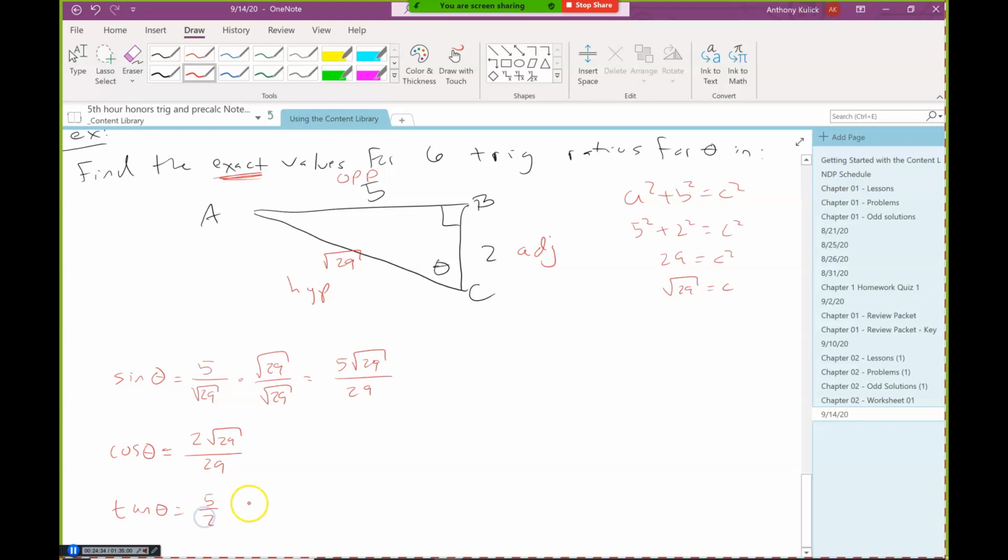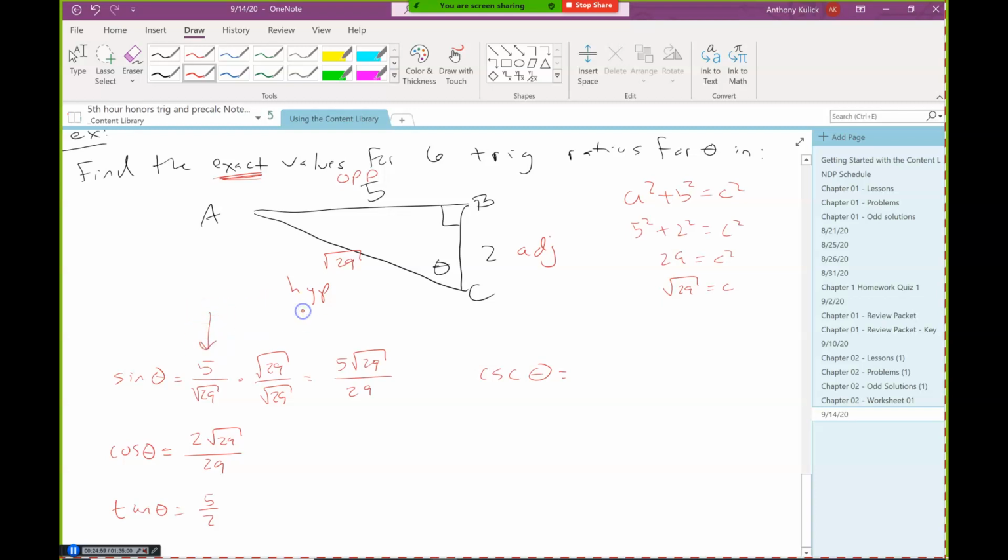Good. Now for cosecant, secant, and cotangent, I have 2 options, right? I could use the definition for cosecant and say it's hypotenuse over opposite. Or I can observe that it's going to be the reciprocal of sine.